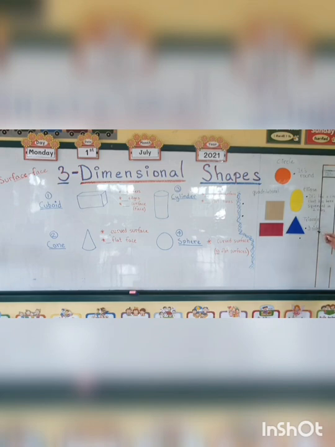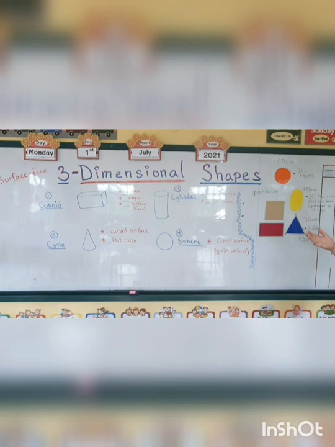It has three sides and three what? Corners. Yes, three corners. Good. Let's count the corners. 1, 2, and 3. Good.